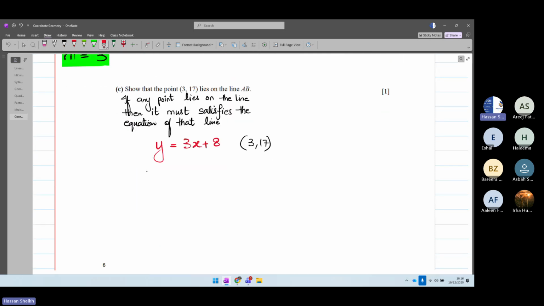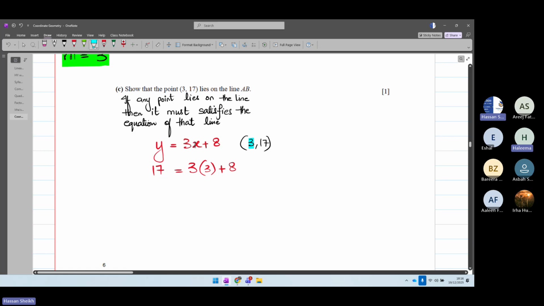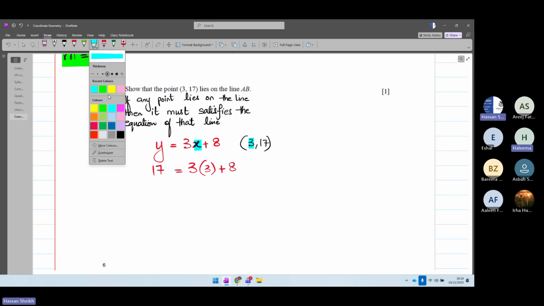How? Let me show you how. Satisfies means that it must equate. So what is the value of y? Is that 17? And what is the value of x? 3. Remember that 3 is x, and let this be y.